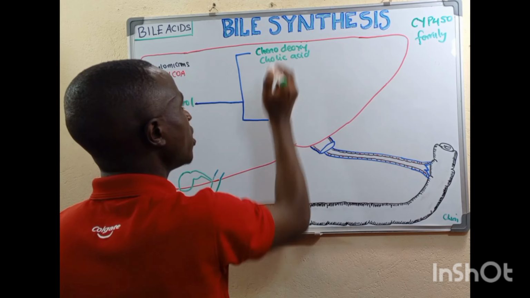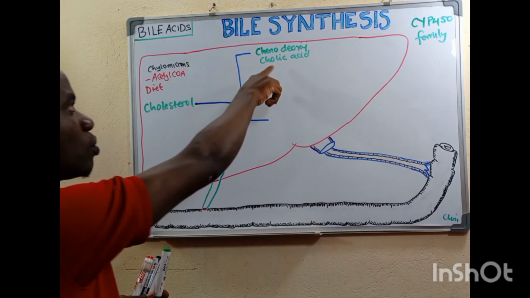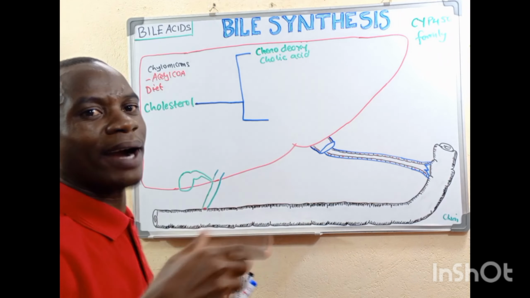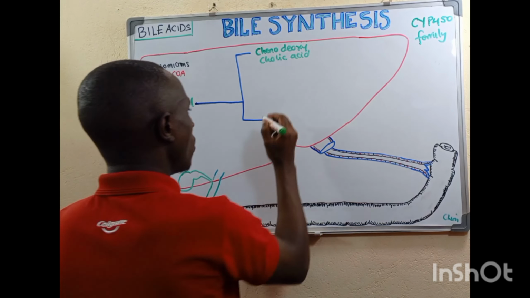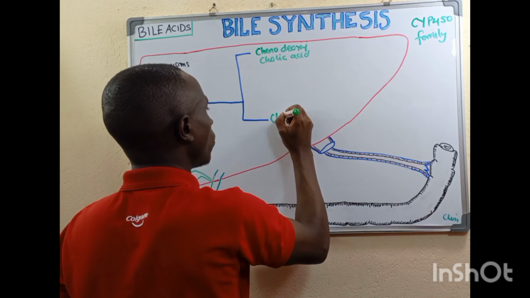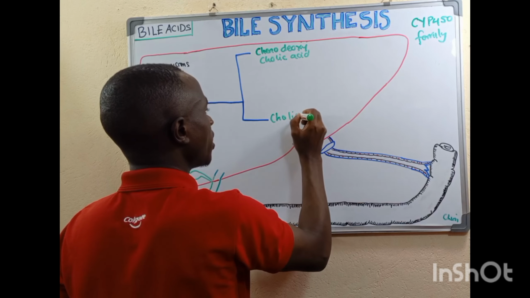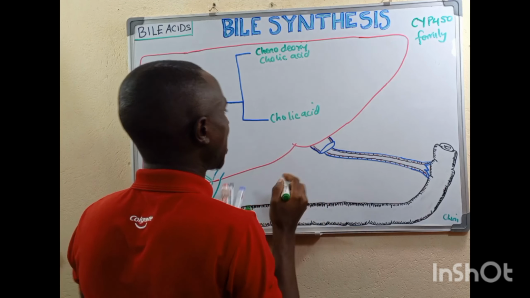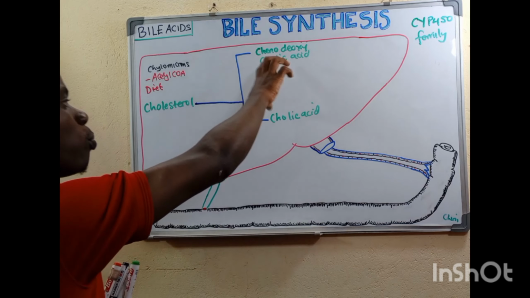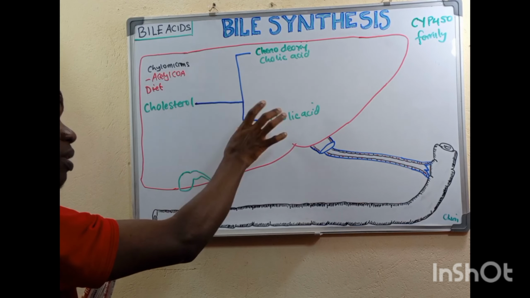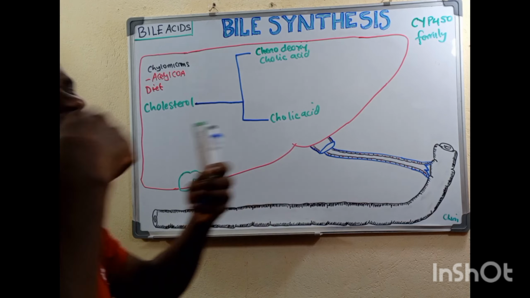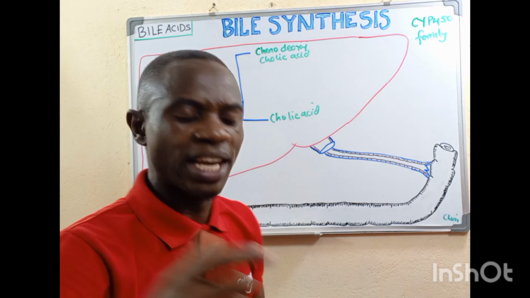Okay, so now this one is going to be one of the classic examples of the primary bile acids. And even also we are going to be having the cholic acid. Okay, so now these are the two primary bile acids that are going to be coming from the cholesterol after being acted on by these enzymes.